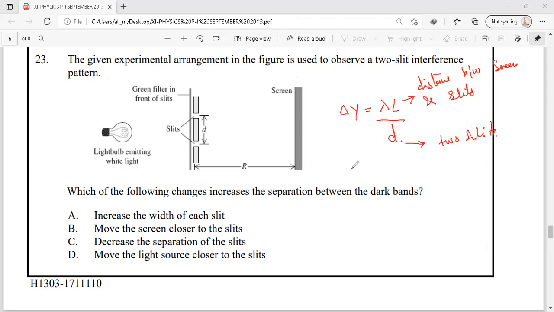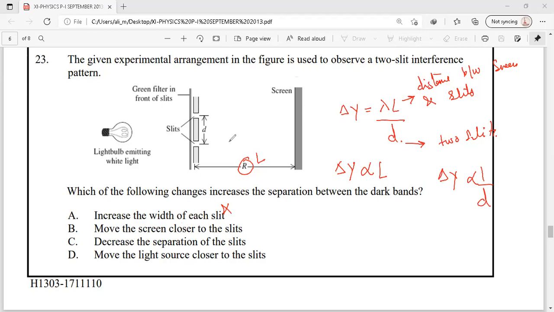From this, we can see that Δy, the distance between two consecutive dark or bright fringes, is directly proportional to L, and Δy is inversely proportional to D. Increasing the width of each slit will not affect this phenomenon.